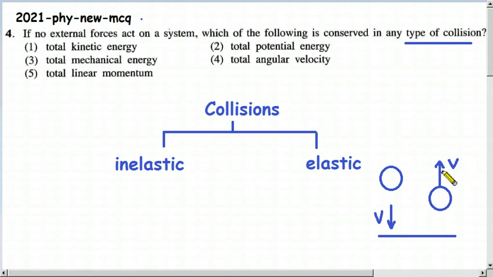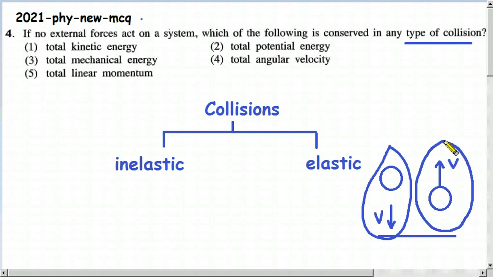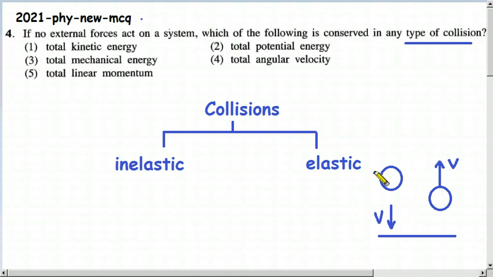If the speed is the same as soon as it bounces off, that means the kinetic energy before the collision is equal to the kinetic energy after the collision. So that means no kinetic energy is converted into heat or sound or any other energy. If a collision fulfills that condition, that means the kinetic energies are equal, that sort of collisions are called elastic collisions.